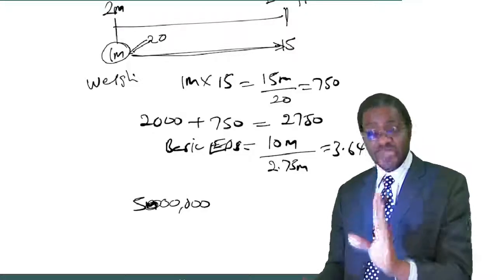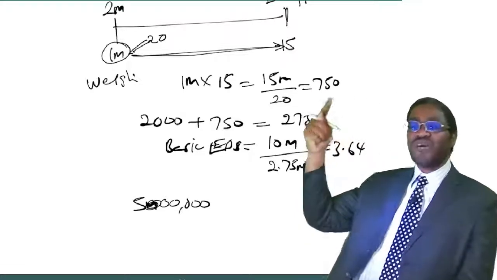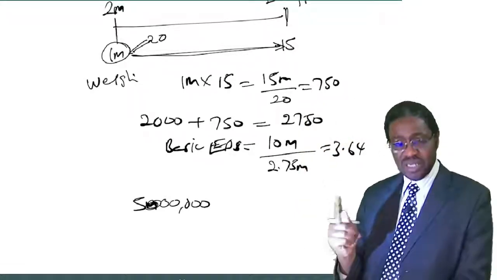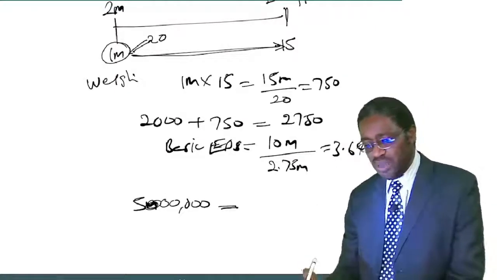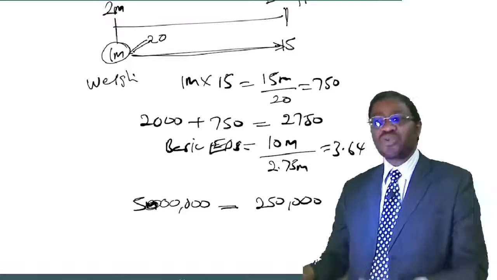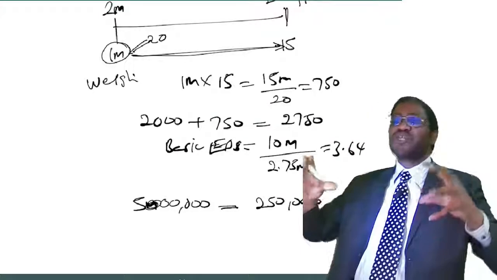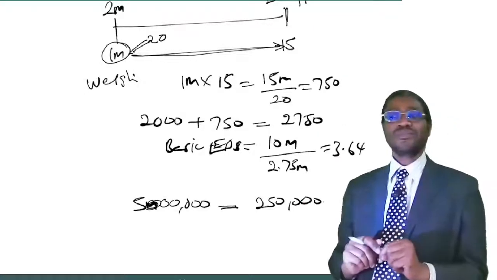But once they bring in the balance of the 5 million shillings, we shall issue the balance of the shares, which are 250,000, so that now the whole 1 million can participate in dividend. Hope you are following.